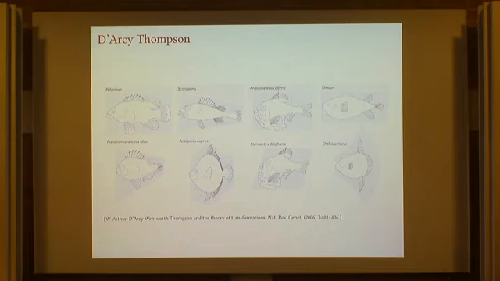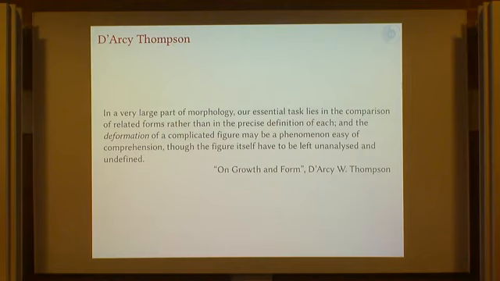The motivation for that is already contained in Darcy Thompson's work, which says that in a very large part of morphology, our essential task lies in the comparison of related forms rather than in the precise definition of each. And the deformation of a complicated figure may be a phenomenon easy of comprehension, although the figure itself might be hard to analyze and define. So if you have two images that are similar, the deformation between them might be simple, even though we don't have a model to describe the image itself.